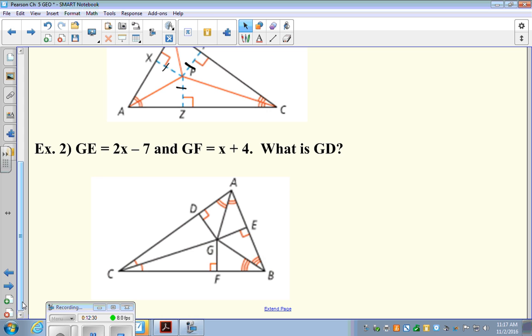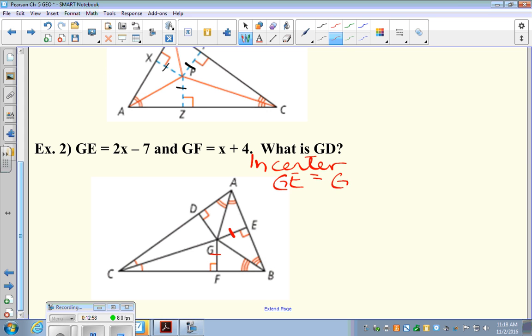So if we look at how this applies to our math world, we know that GE, this guy right here, is 2x minus 7, and GF is x plus 4. Because we have the incenter, we know that GE is going to be equal to GF.